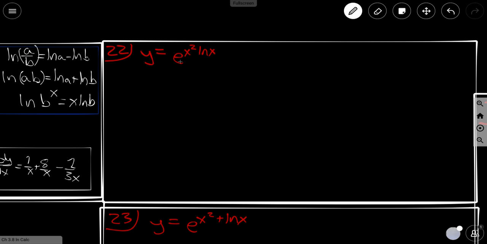All right, so for this one, these terms right here, these are exponents, just in case it's not clear. So the derivative of e to the u is just going to be e to the u times du over dx.